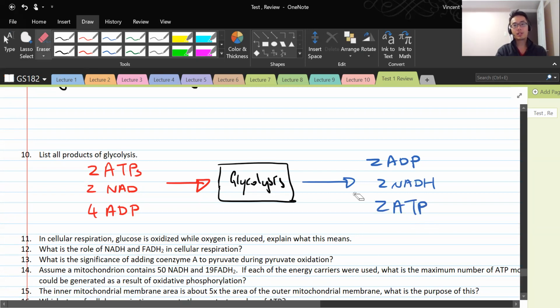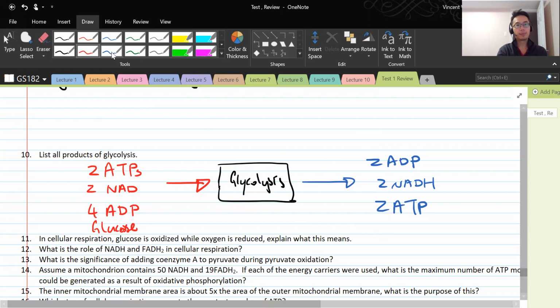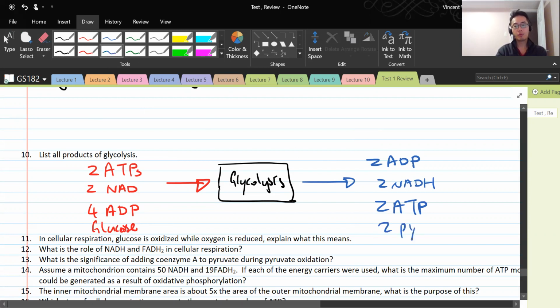Okay. So these are the major products. And of course, the 2 pyruvate. You have to give them a glucose as well. Glucose. And then they will become 2 pyruvate.